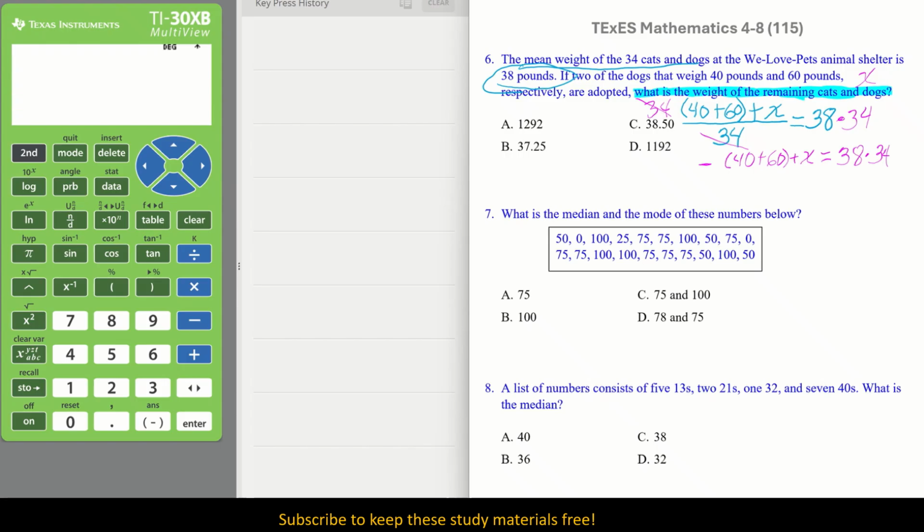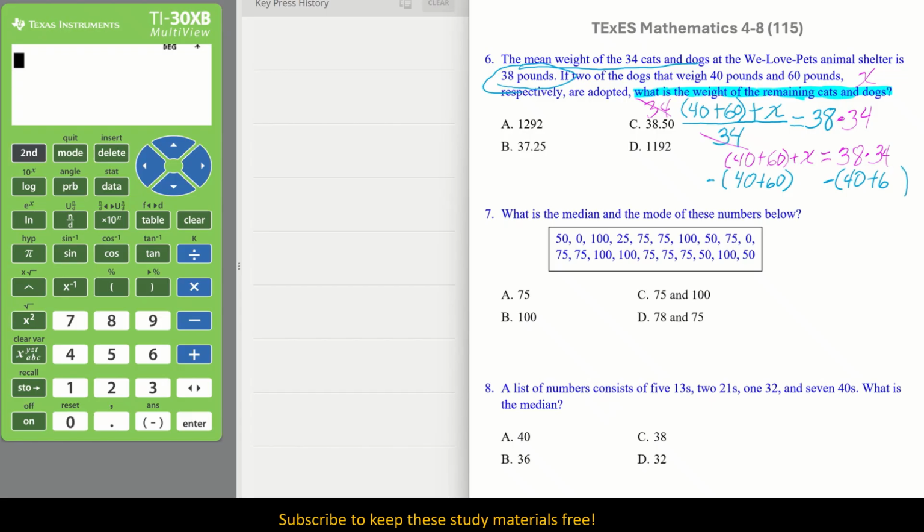Let me make this a little clearer. Change back this color. So minus the 40 plus the 60, which is 100. We know that. I'm going to do it over here so you see it. So 40 plus the 60, right?